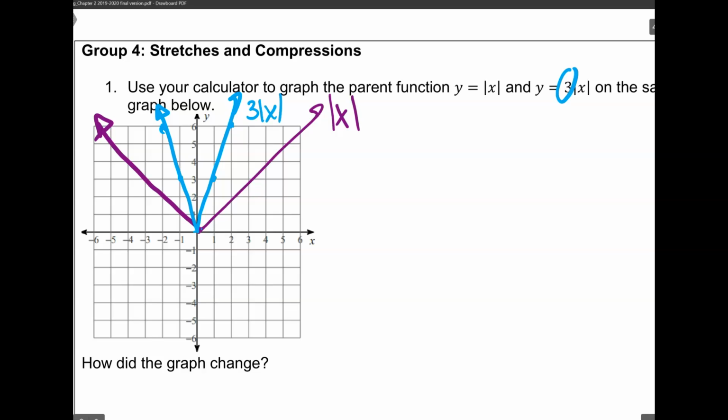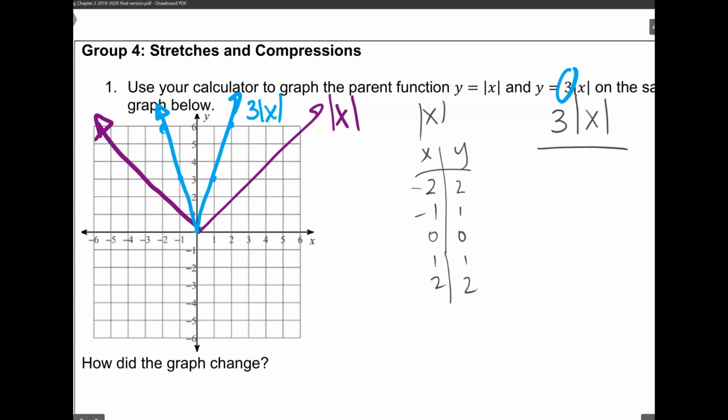Where do you start the graph? Not at 3, because if you put in x equals 0, you get 3 times 0. Here are the values for absolute value of x. Here's my x and y values: -2, -1, 0, 1, 2, and my y values are 2, 1, 0, 1, 2. But if I do 3 times absolute value of x, I'm multiplying all of my y values by 3.